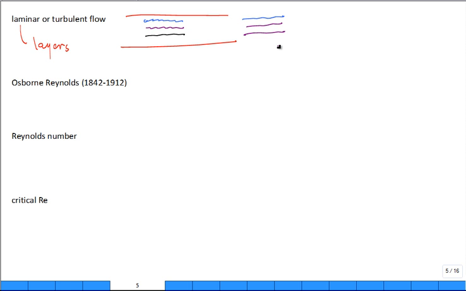But if it's turbulent, the little chunks of the blue that started here may be over here, and vice versa. The little chunk of black here could be over there, and so they change location. They're mixing. Instead of staying in their relative layers, they mix a lot.